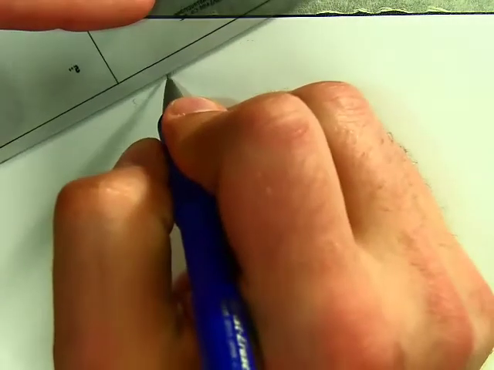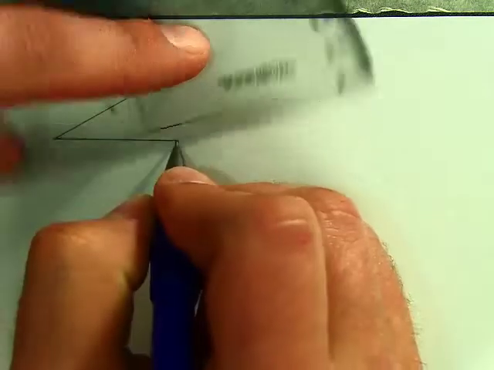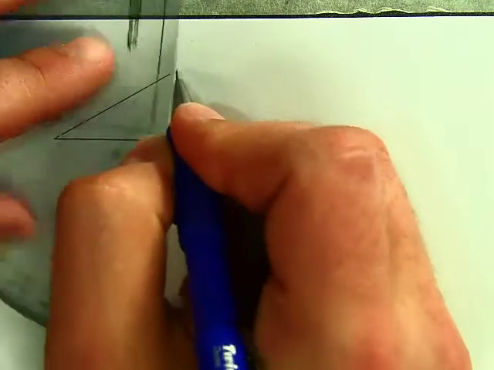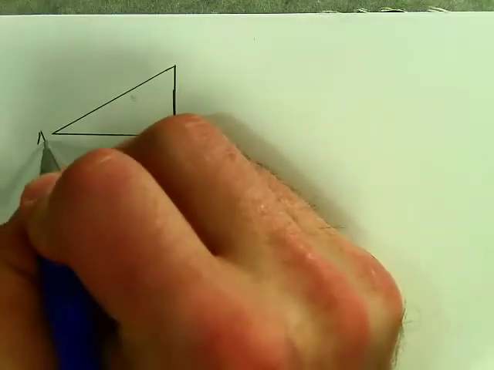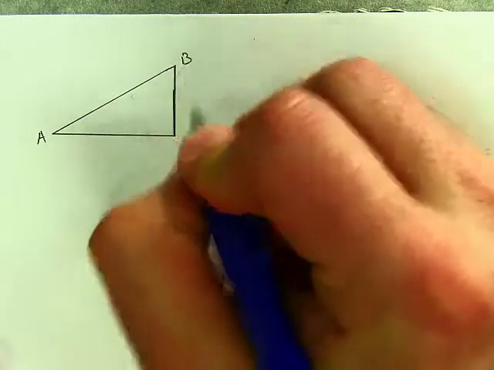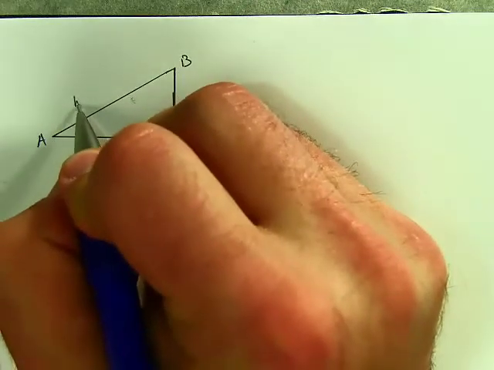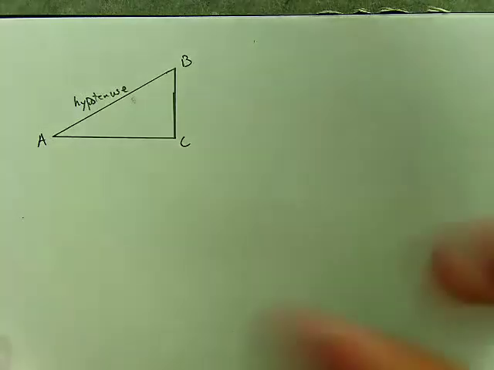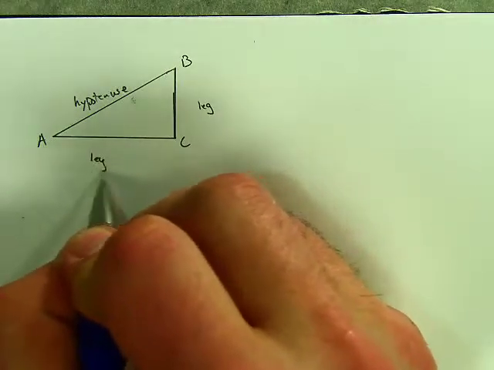So we have a right triangle here. Okay, and let's label this. So let's look at A, B, C. We have our hypotenuse, our leg, and our other leg.